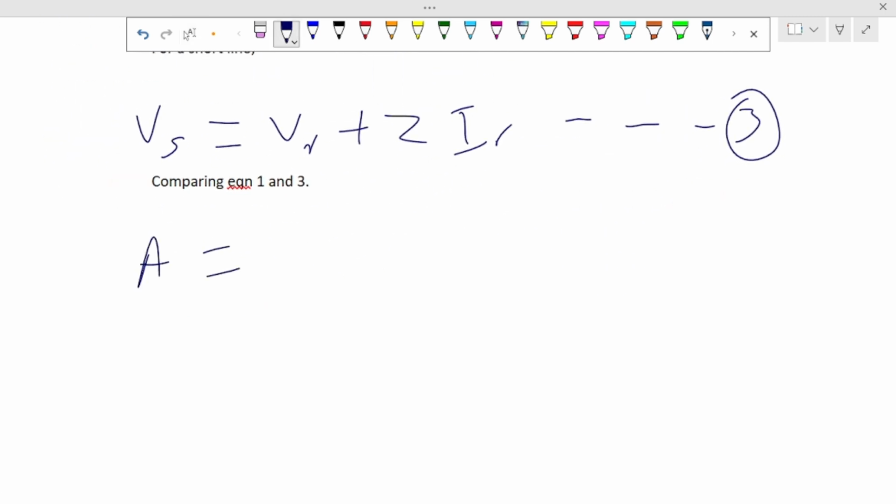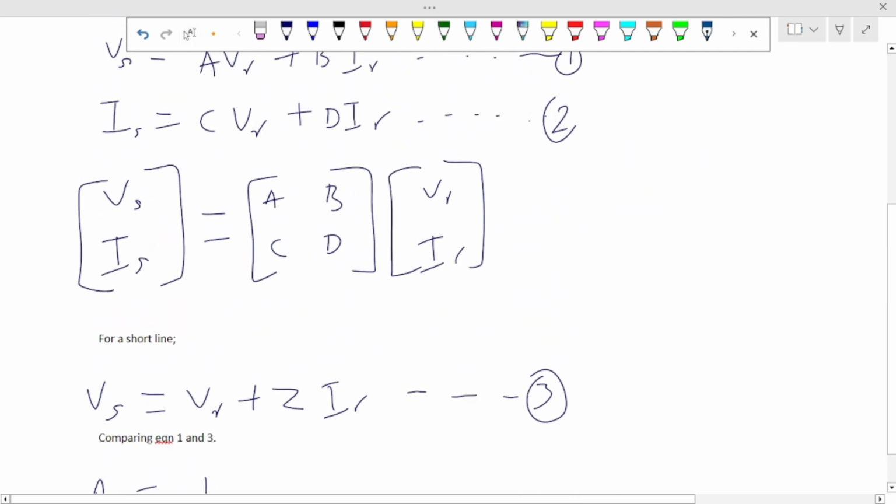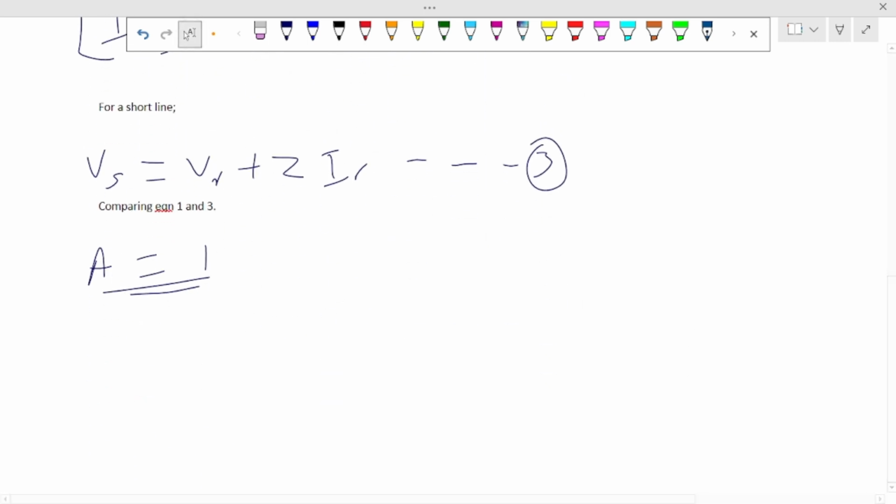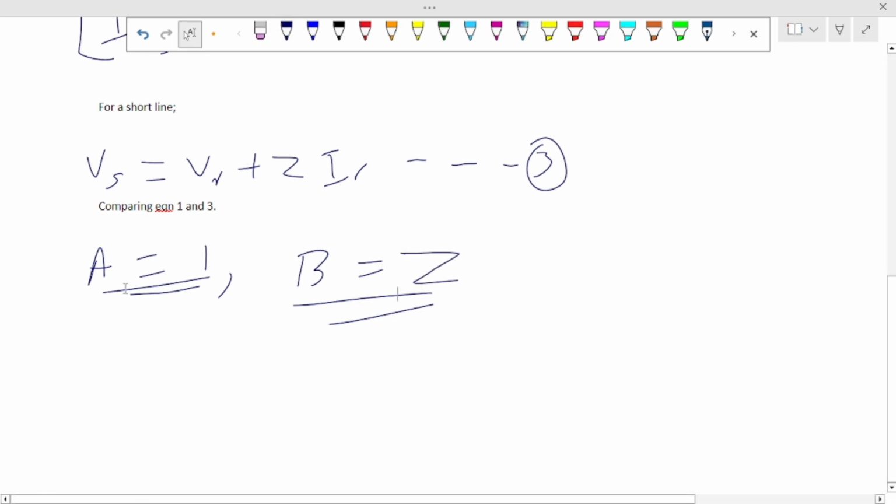Still on that comparison, B is the coefficient of IR. What is the coefficient of IR here? Z. So B equals Z.